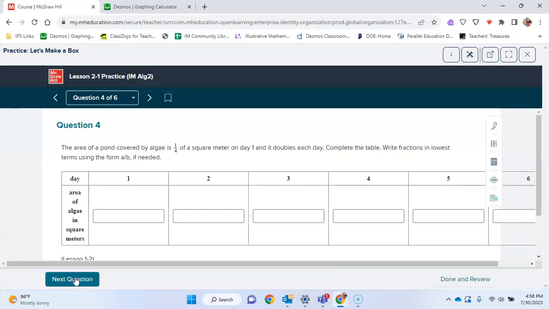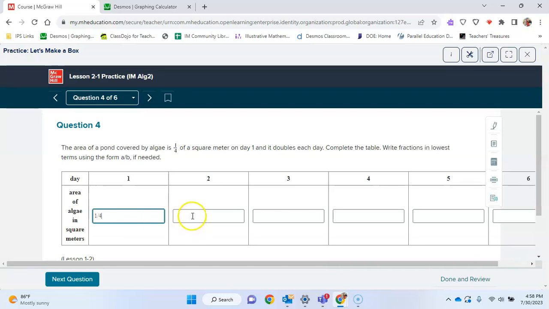Question 4. The area of a pond covered by algae is 1/4 of a square meter on day 1, and it doubles each day. Complete the table. Write fractions in lowest terms using the form A over B if needed. Okay, so on day 1 it was 1/4.